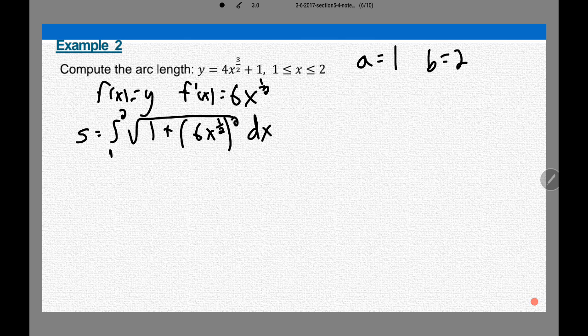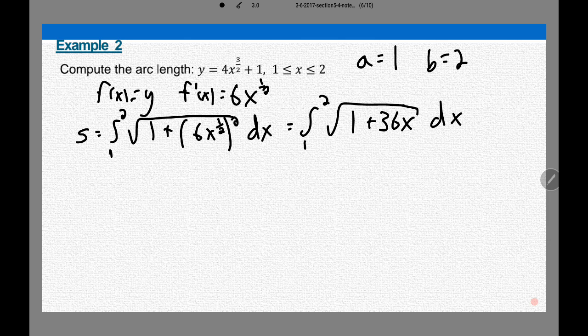So if we do this, we get the integral from 1 to 2, the square root of 1 plus, and then 6 squared is 36. X to the 1/2 squared is just x. Alright.